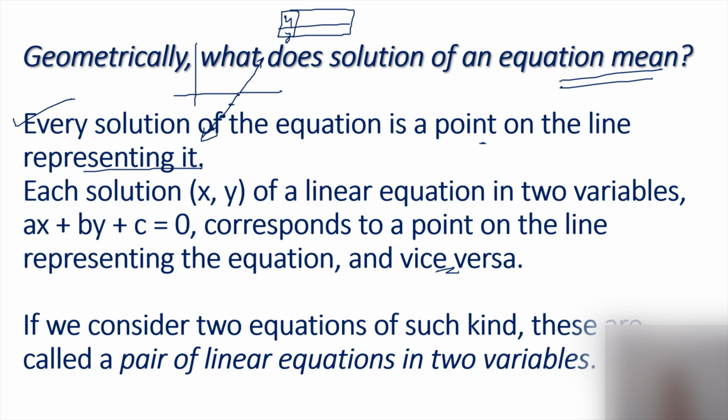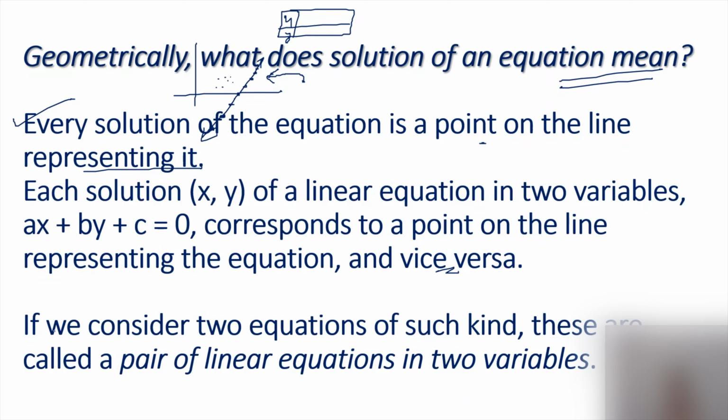Each and every solution of that equation will lie on the line. And a point which does not satisfy the equation will not lie on the line. The point which is not lying on the line is not a solution of the equation, and the points which are lying on the line are the solutions of the given equation. These are the four interrelated statements.